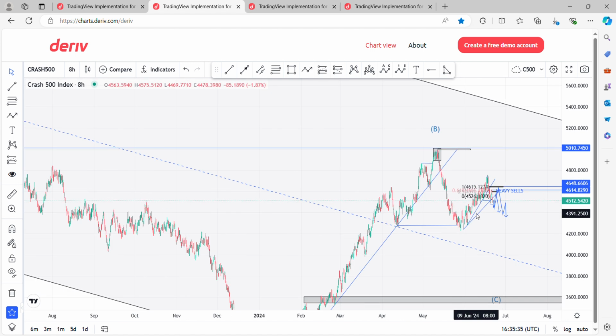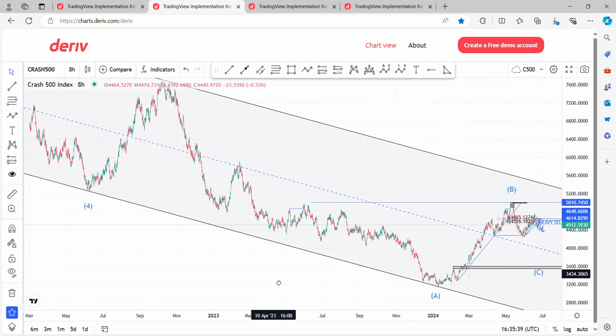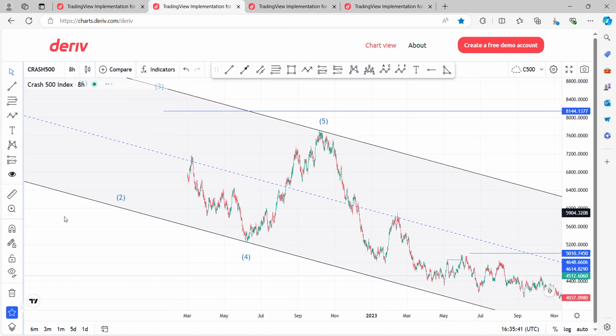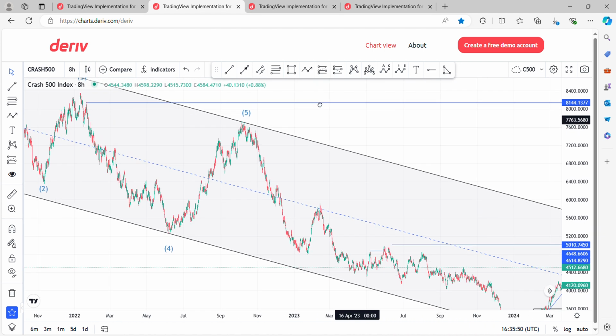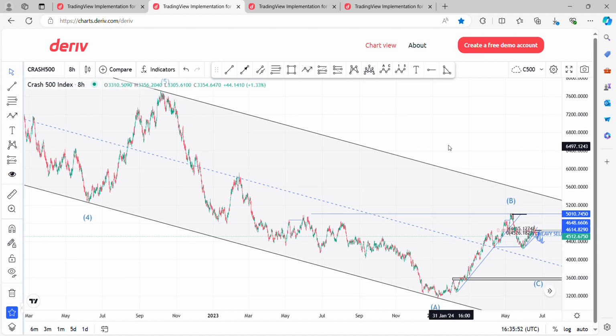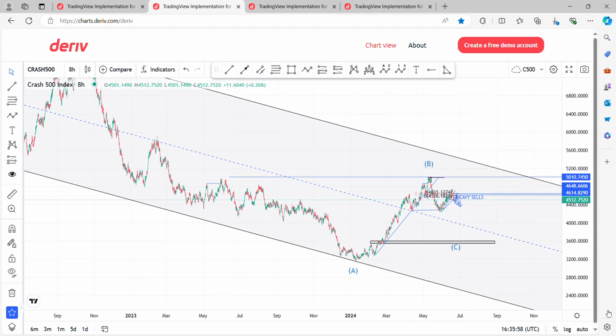In fact, I will even prefer this because I think I've done the clean analysis there. So going back to here, our first wave, second wave, third wave, fourth wave, fifth wave. Your third wave and your fifth wave will always be very long.